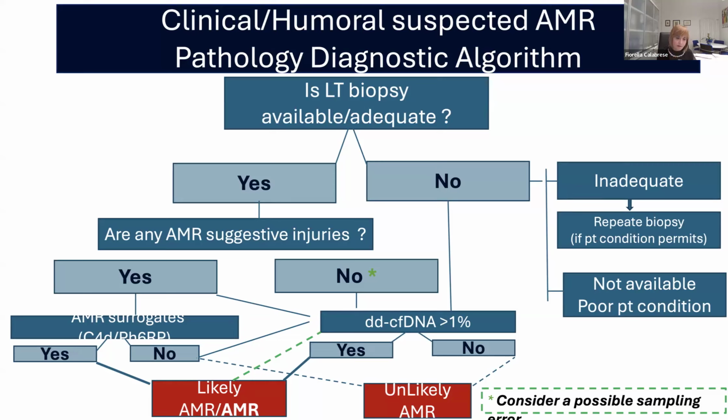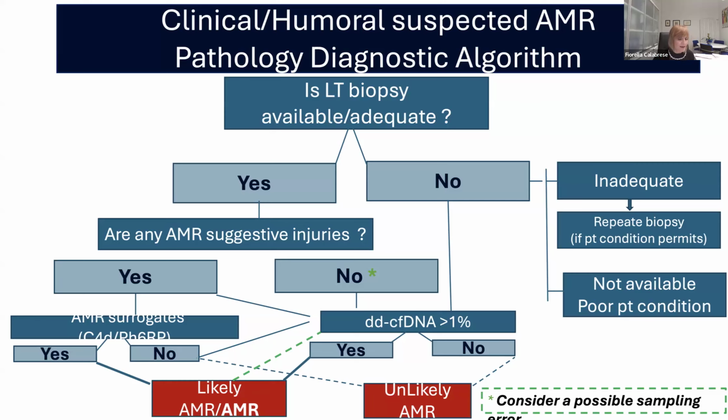this is a likely AMR, or this could be a definite AMR, especially if donor-derived cell-free DNA is higher than 1%. If in the biopsy we don't see any signs of AMR suggestive injury, and all the AMR surrogates are negative, this is unlikely an AMR, especially if donor-derived cell-free DNA is low.